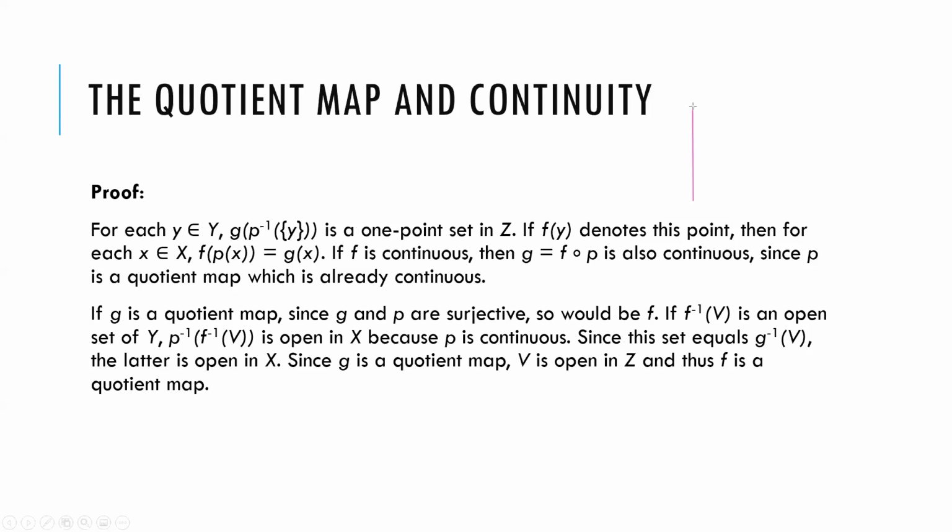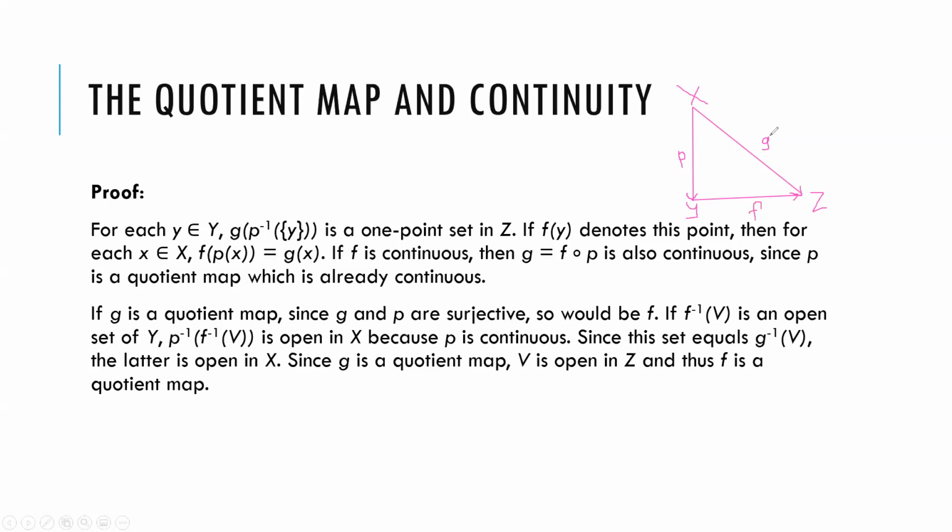Here is our function G, and here are our functions P and F. Here is our G mapping X to Z. Here is our P mapping X to Y. And here is our F mapping Y to Z.